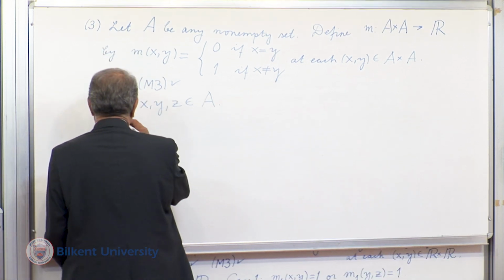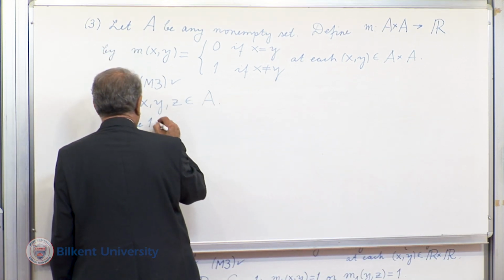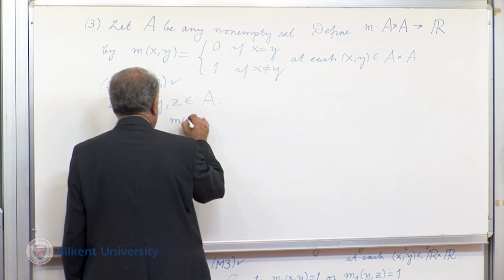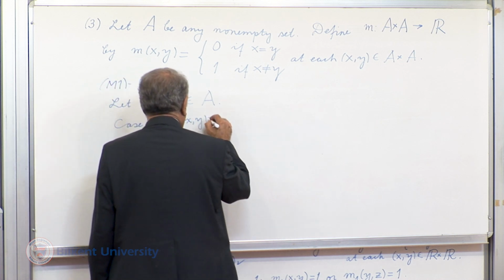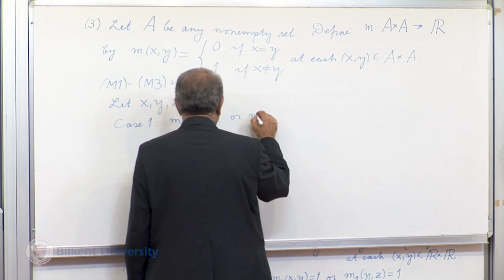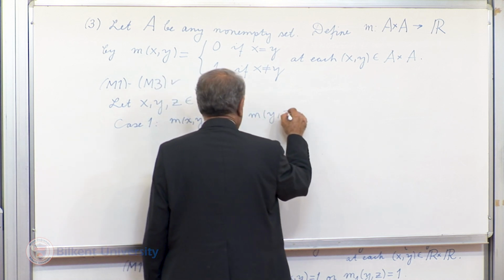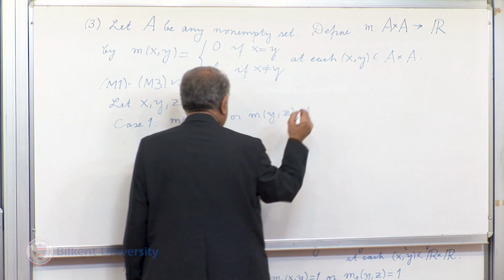So case 1: m(x,y) equal to 1 or m(y,z) equal to 1.